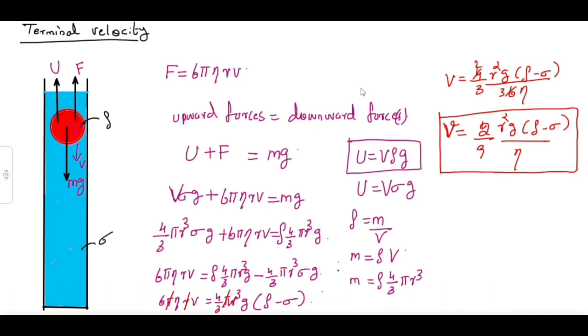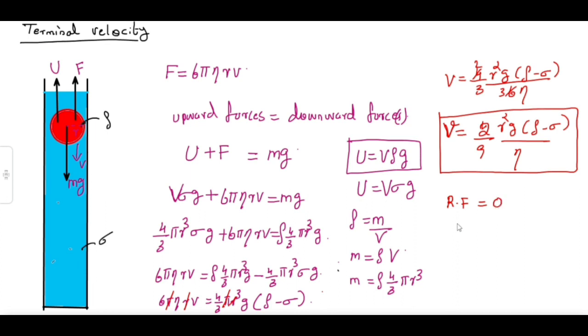Which velocity? Terminal velocity. So what is meant by terminal velocity? We have written here that upward forces and downward forces are equal. Listen carefully. Upward forces and downward forces are equal on the spherical body. When these upward and downward forces are equal, what will happen to the resultant force on the body? The resultant force on the body is equal to 0.